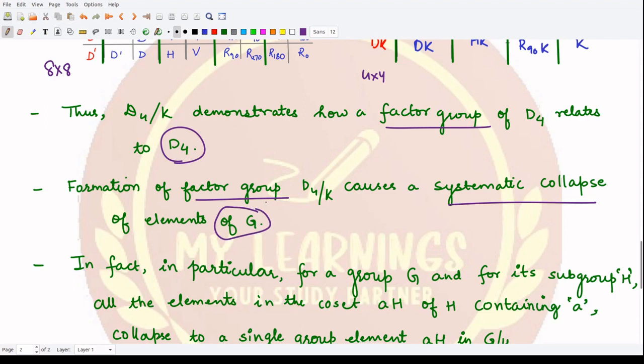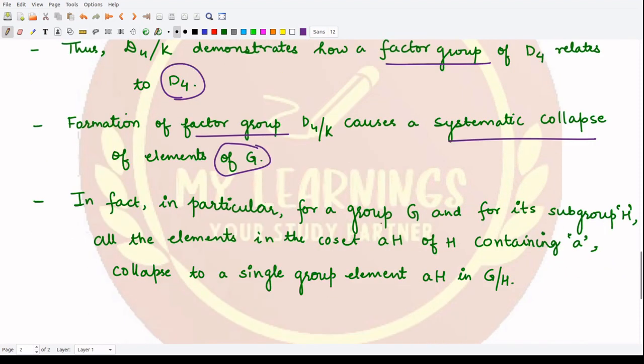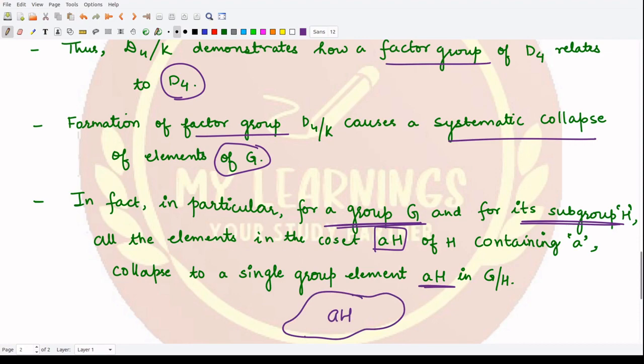And in fact this could be done for any group. If we take a group G and its subgroup H, then we can construct the cosets aH by taking a from G. These cosets collapse to a single group element aH. So all the elements which are members of this HK form one particular block.